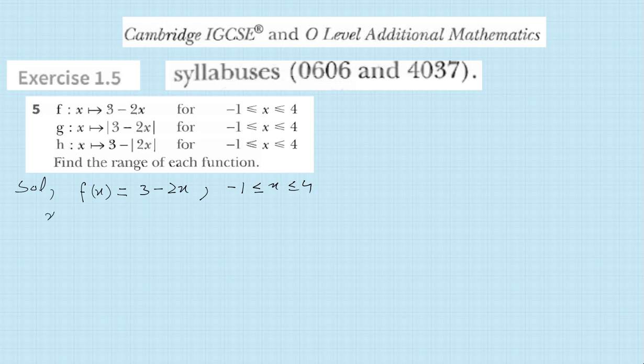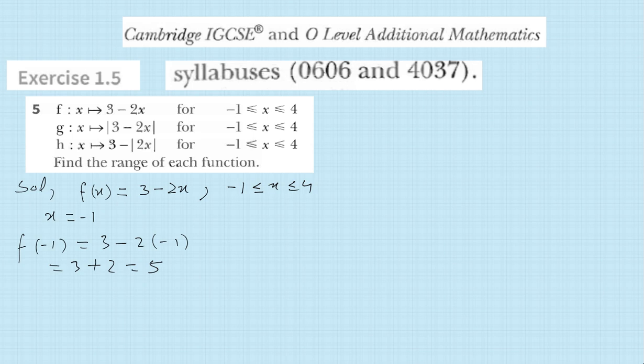First, put x = -1. f(-1) = 3 - 2 into -1. Minus minus plus, 2 ones are 2, 3 plus 2 is 5. So first value is 5.